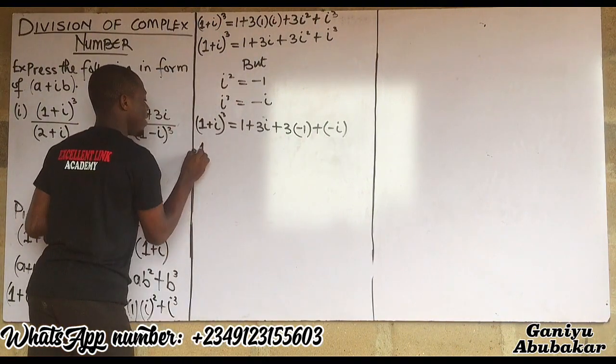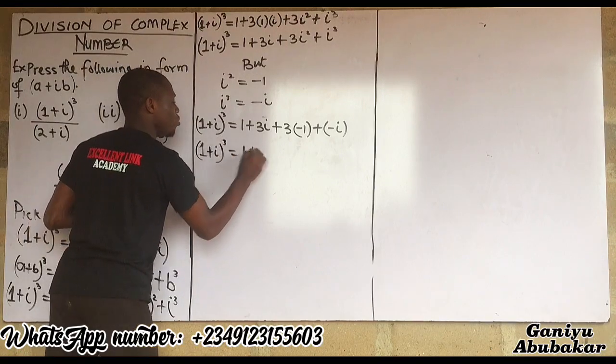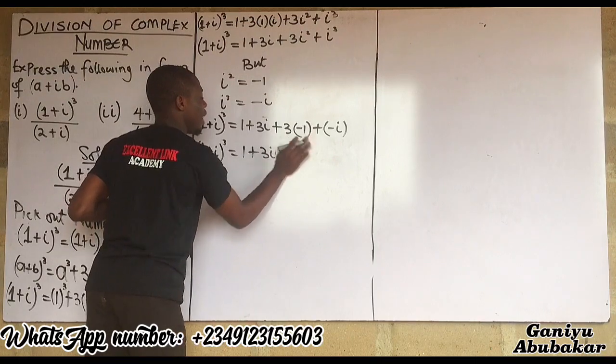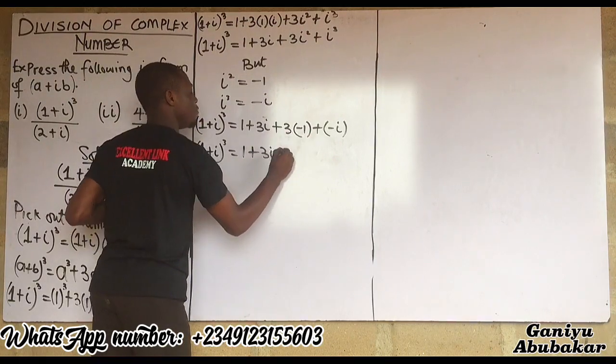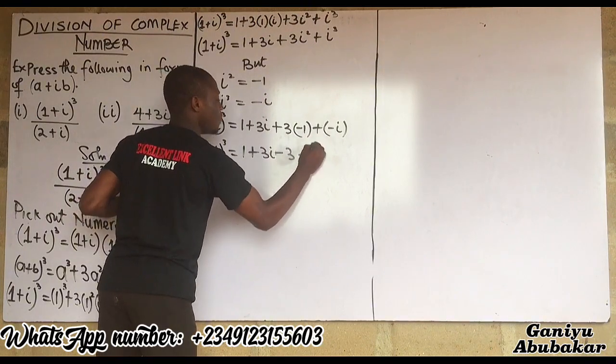From here, the value for (1 + i) cubed will be equal to 1 plus 3i, plus minus will give minus, 3 times 1 will give 3, next up plus minus will give minus i.